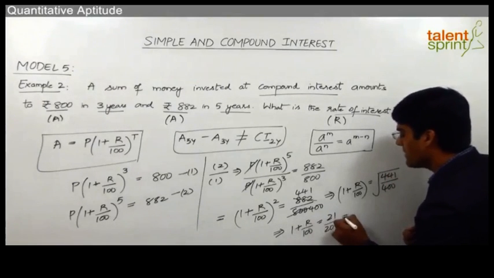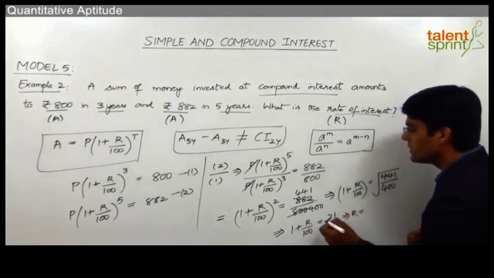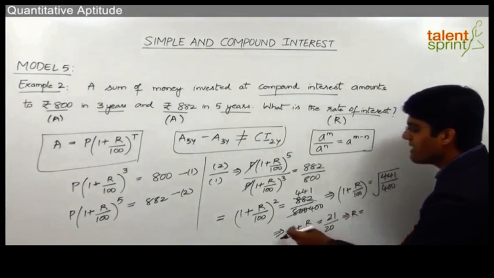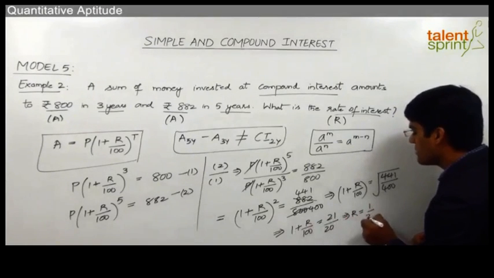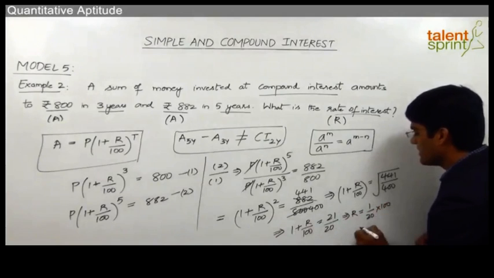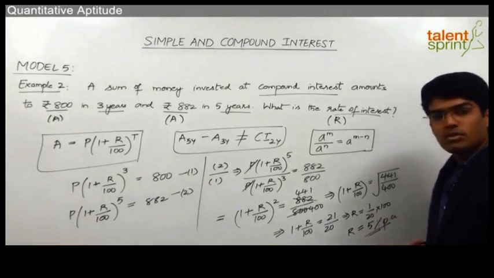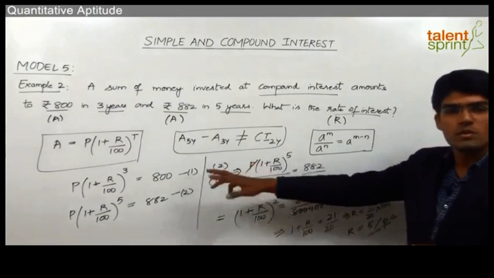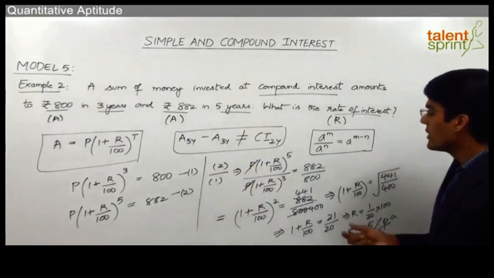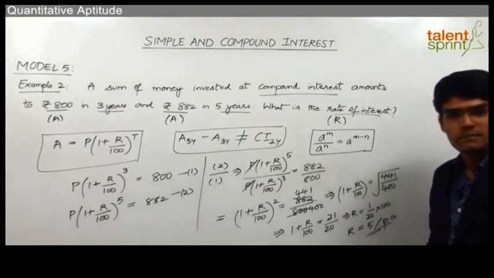Now from simplification of this step, we get R will be equal to 21 by 20 minus 1, which is equal to 1 by 20 into 100. So this comes out to be 5. So we can say that the rate of interest is 5% per annum. So this is how we can divide the two equations in terms of amount to get the required rate of interest.